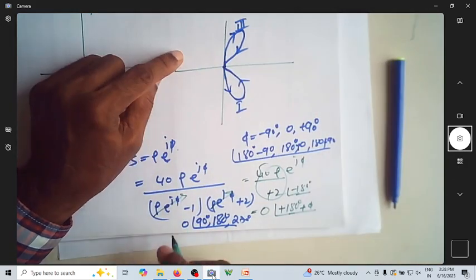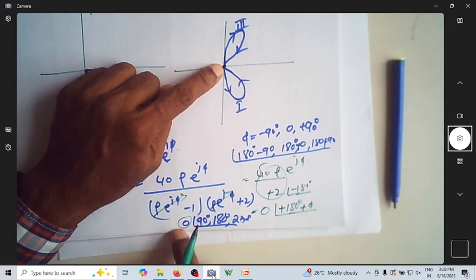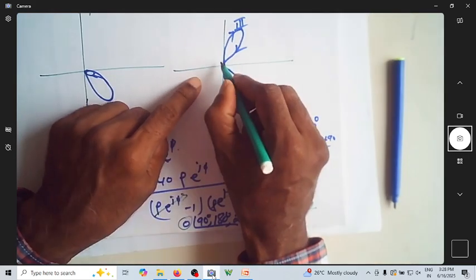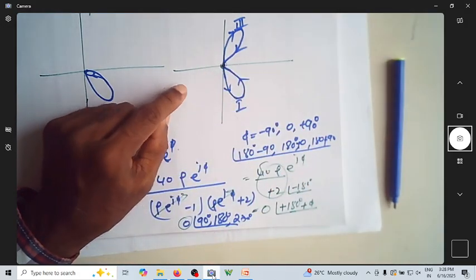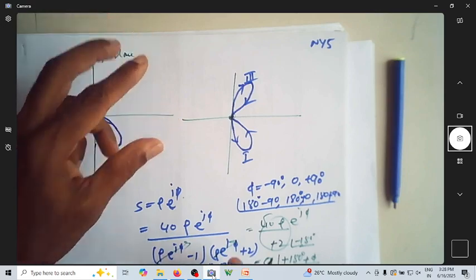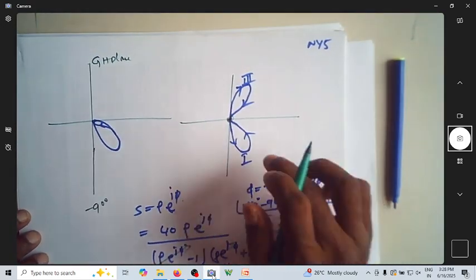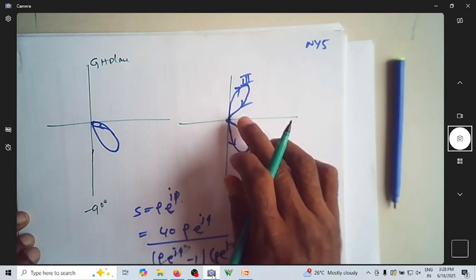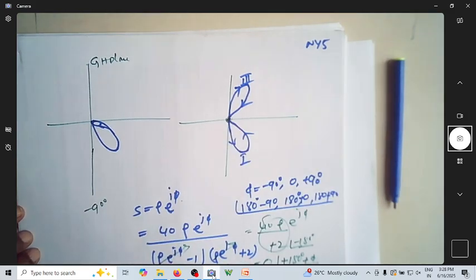So this is magnitude 0 and this is magnitude 0, phase angle is this. So the fourth segment is also a dot there. So this is your Nyquist plot.